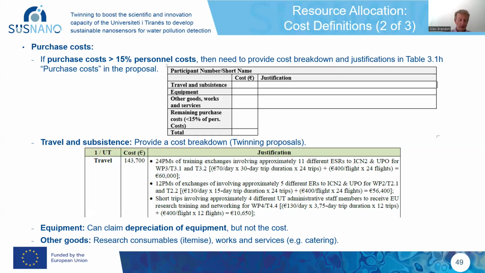Now, I haven't written any more than that on this slide. It's my bad. What I should add is that when it comes to depreciation of, say, laboratory equipment, it really varies from one country to another. The Commission says each partner needs to respect the accounting rules in its own country. So if your country says, for example, laboratory equipment is amortized over 10 years, that's what you need to use.